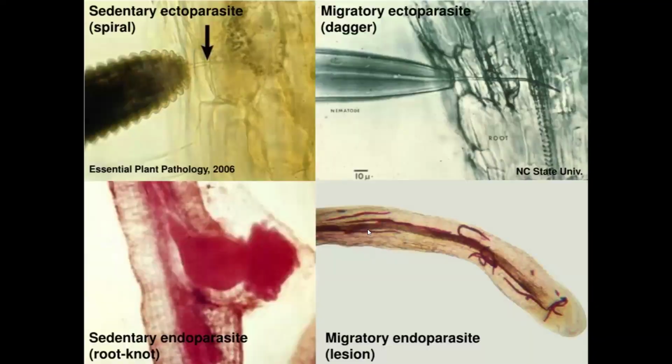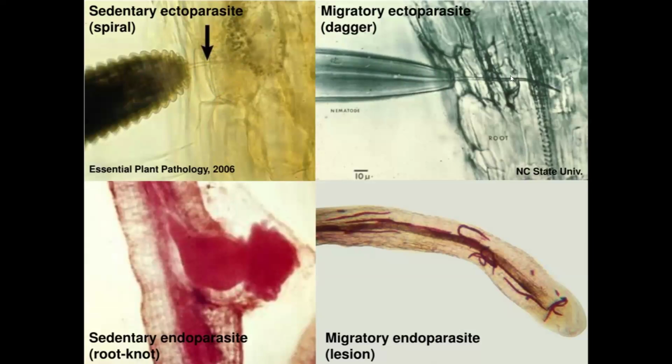So just to show you a picture of them, you can see the sedentary ectoparasitic ones. Look at the arrow part there. Here, you can see that this one is ectoparasitic. The head is outside, but you see the stylet penetrating into the plants.